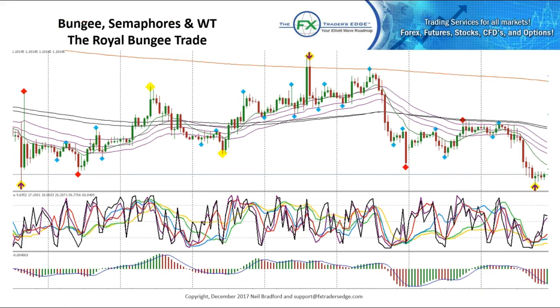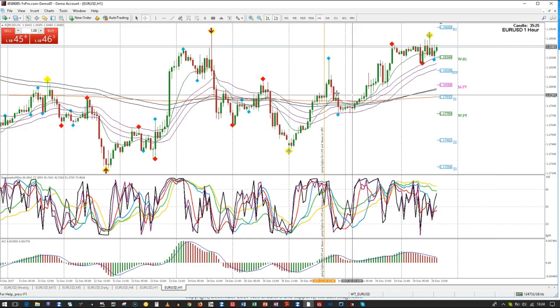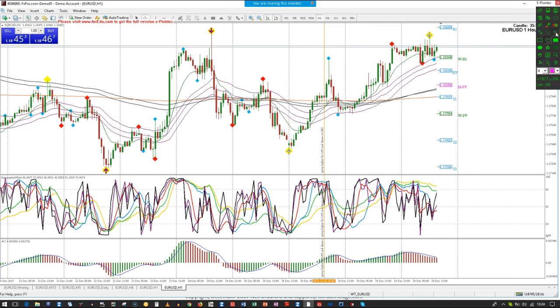Now, we were looking before we started with all that at the euro US dollar hourly chart. Let's apply what we've just learnt to this chart. A Royal Semaphore appears. Price crosses the wave and the tunnel.